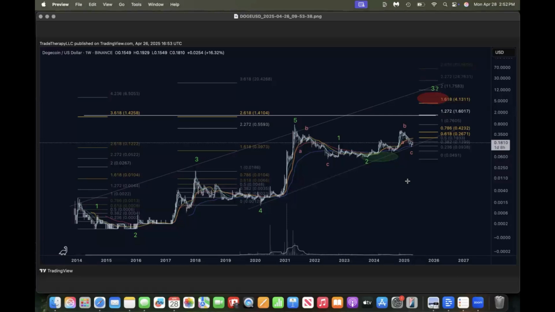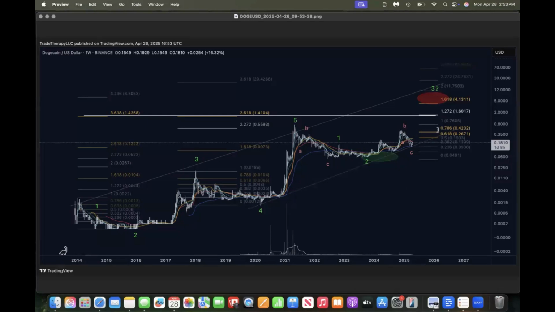But from our perspective, we are looking at this as wave three. We identified this potential three rising valleys formation here, which is a bullish continuation formation if it follows through, somewhat similar to this behavior here. However, it's occurring much earlier in the cycle.